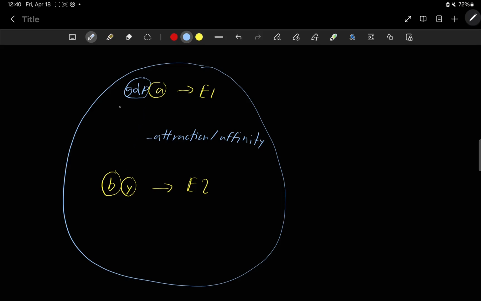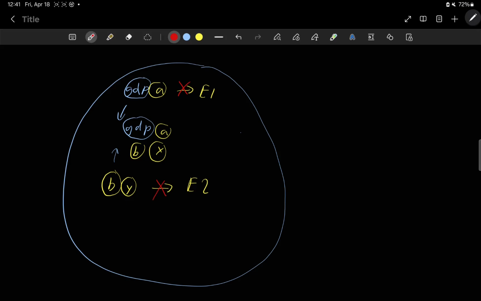So they're going to come together and they're going to recombine and form what we had originally. Your GDP, your alpha subunit, your beta subunit, and your gamma subunit. They're going to come all back together. So now that they're here, they're no longer activating these enzymes and producing a response. So you have successfully terminated these responses.